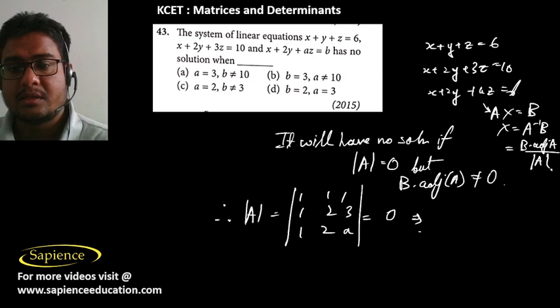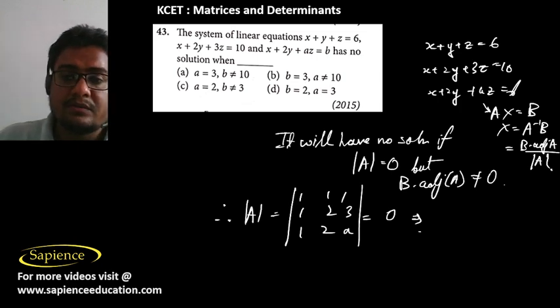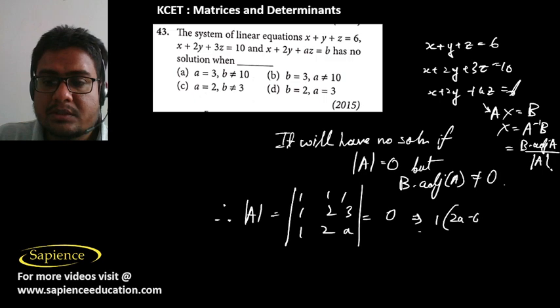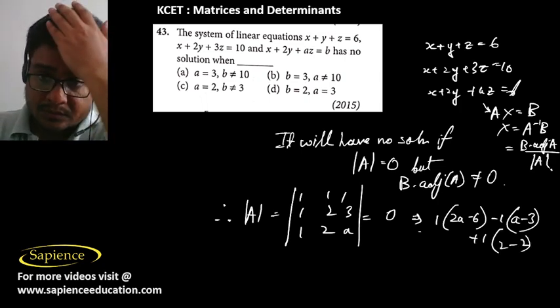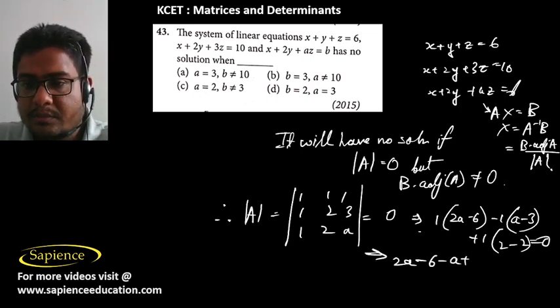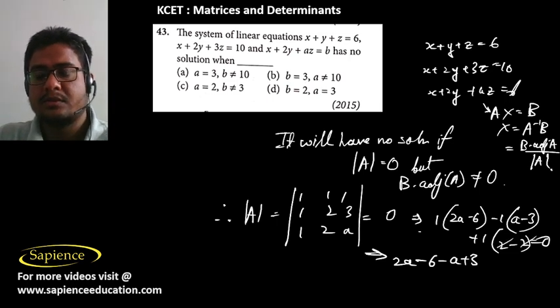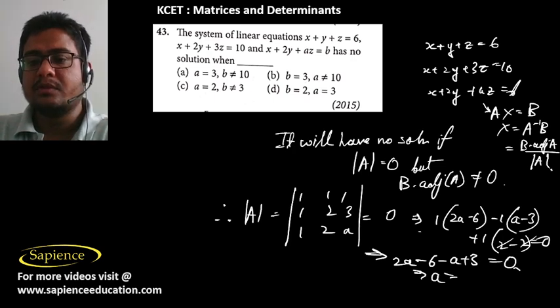We expand this determinant along the first row, then we will have 1 into 2a minus 6 minus 1 into a minus 3, then plus 1 into 0, that should be equal to 0. It means that 2a minus 6 minus a plus 3 is equal to 0, so a should be equal to 6 minus 3, that is 3. A should be equal to 3.